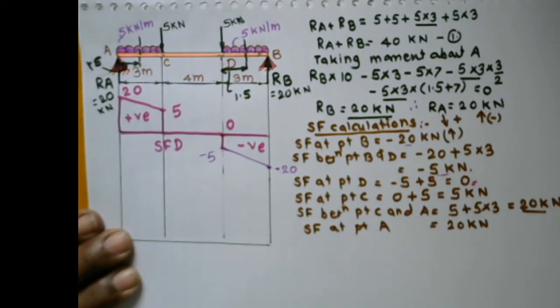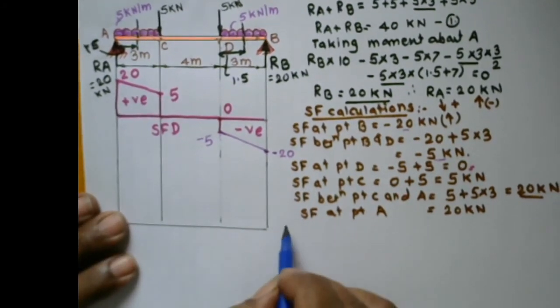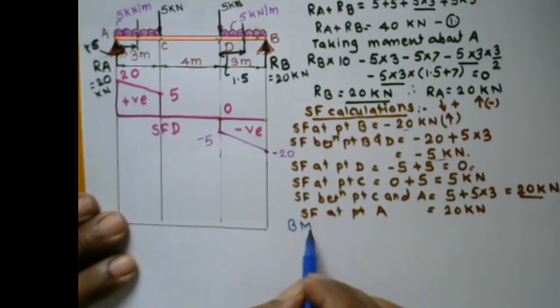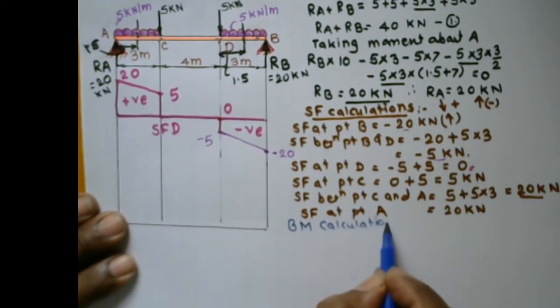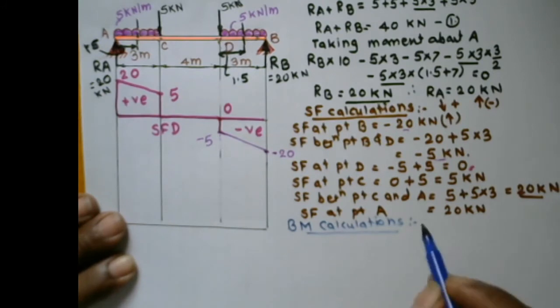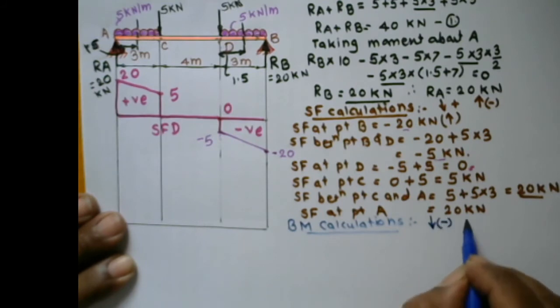Now come to the next point, bending moment calculations. To calculate the bending moment, again first we have to decide its sign convention. That is our first step. To solve any numericals related to shear force and bending moment, concentrate on the sign convention: downward negative, upward positive.